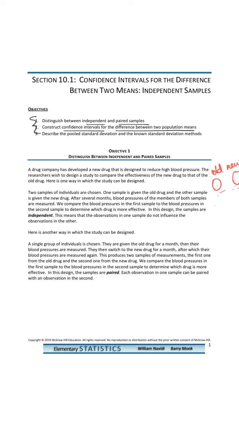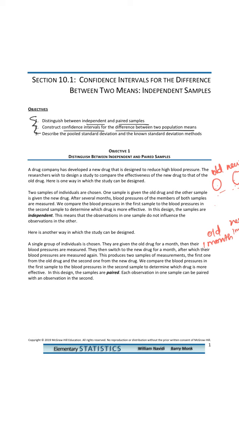Another way in which the study can be designed is a single group of individuals is chosen. They are given the old drug for a month. Then their blood pressure is measured. Then they switch to the new drug for a month and their blood pressures are measured again.